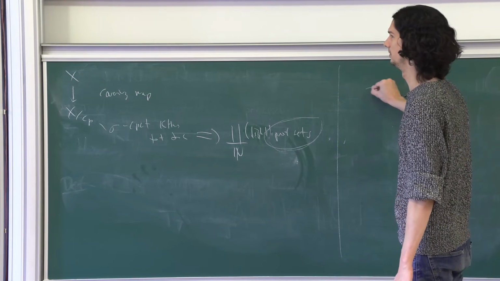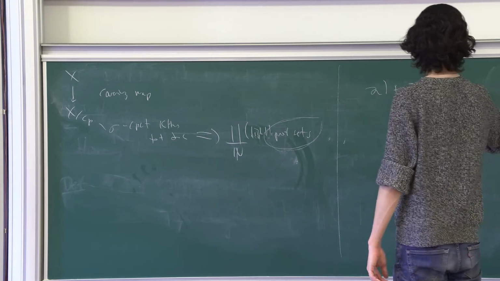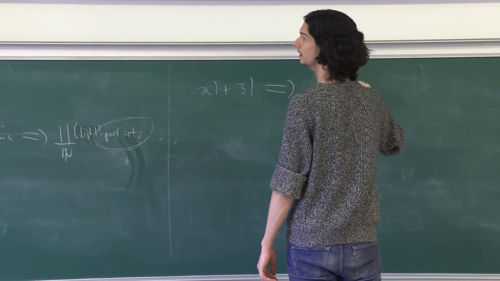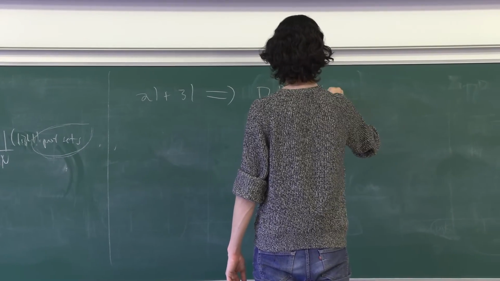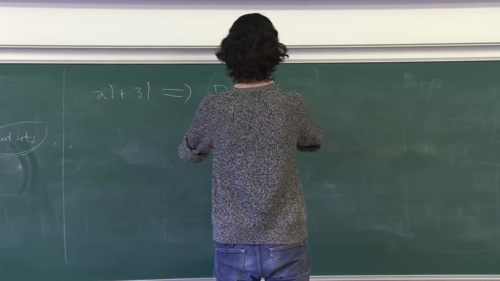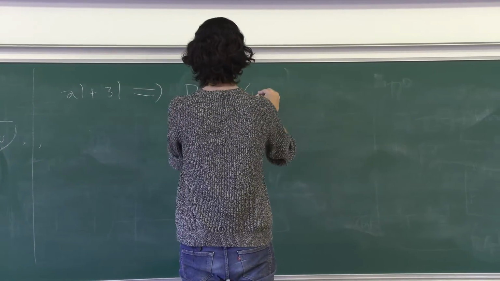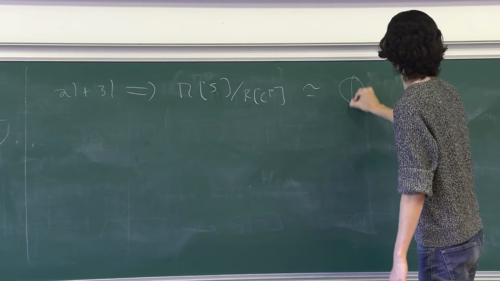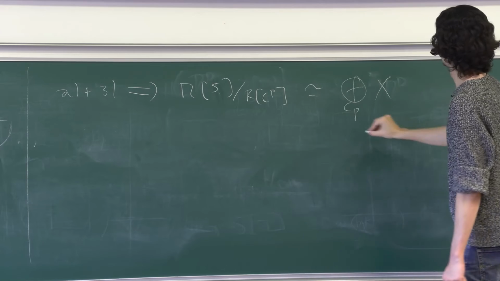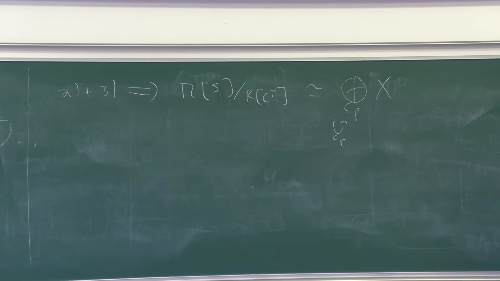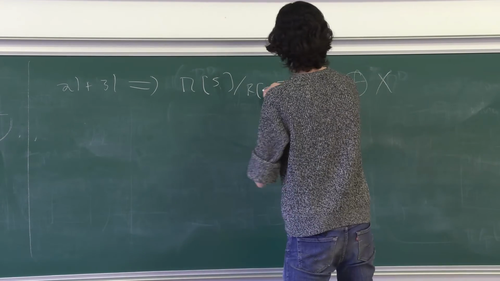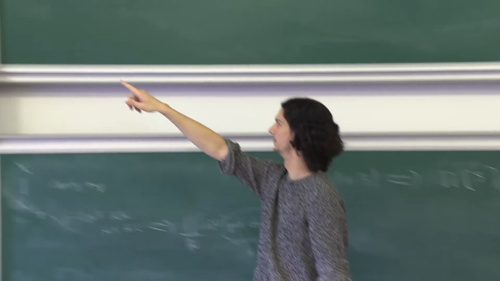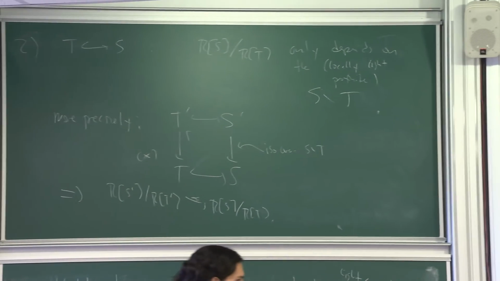So if you combine 2 and 3, what do you deduce? You deduce that in that setting over there, S mod R CP is actually a direct sum of CP many copies of some guy X, where CP is acting on this set here. Because by 2, this only depends on the light profinite set, which is the complement.